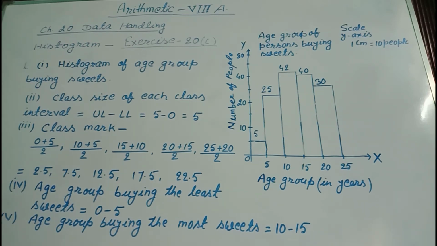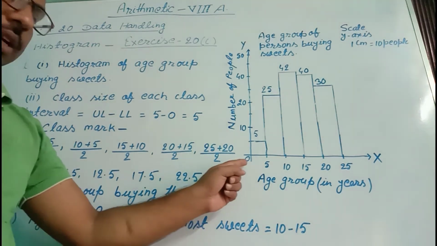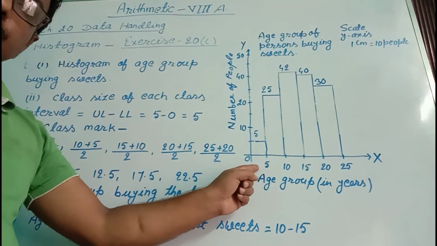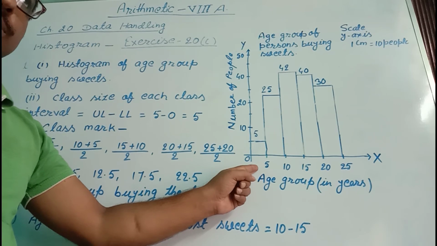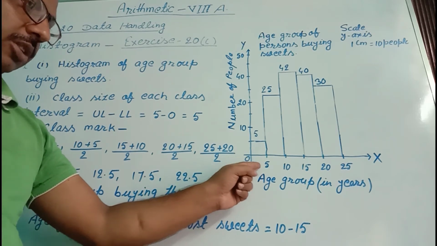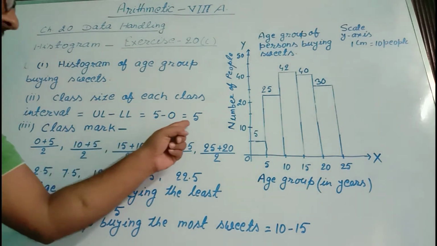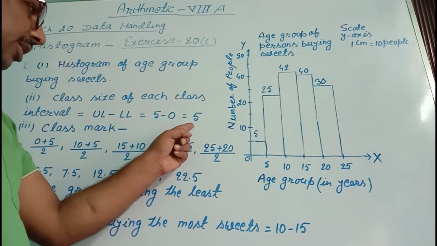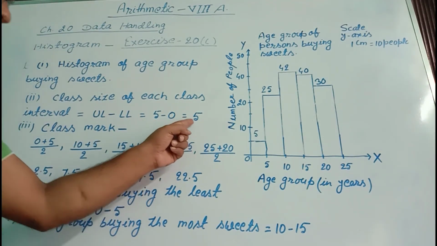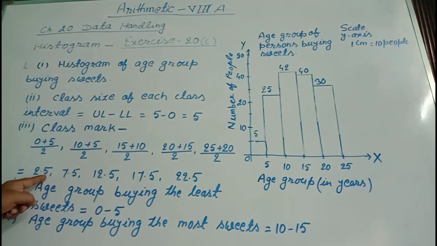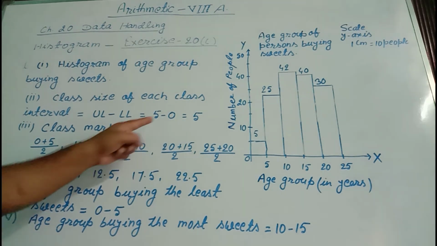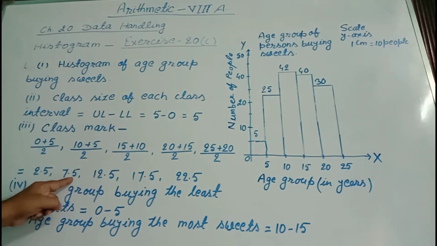If you want to find it in short, find the class mark of the first class interval, 0 to 5, which is 0 plus 5 by 2, equal to 2.5. And we know the class size is 5. You add this class size to the class mark of the first class interval to get the class mark of the next class interval. 2.5 plus 5 equals 7.5.